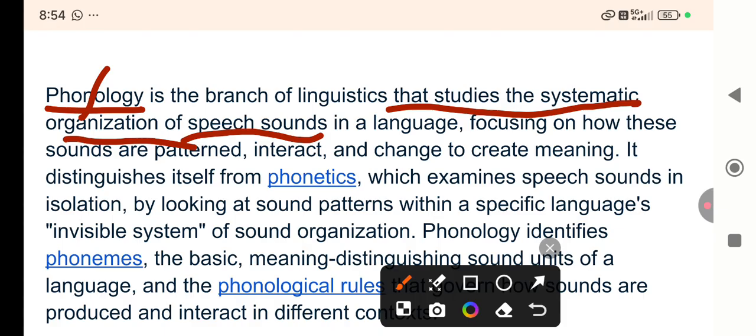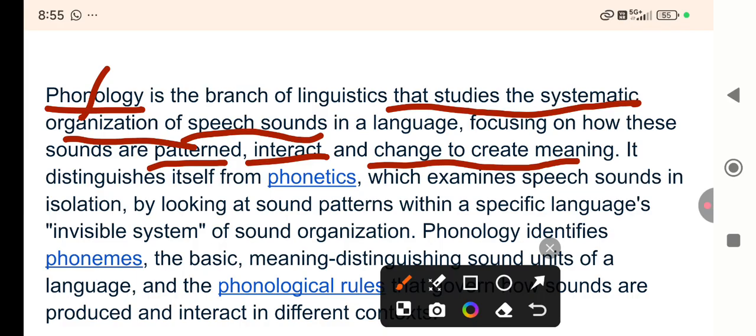So in phonology, we will find how sounds make patterns, different kinds of patterns. How sounds interact with each other and change to create meaning, and what change occurs which is more meaningful.